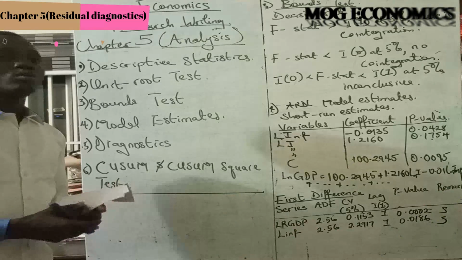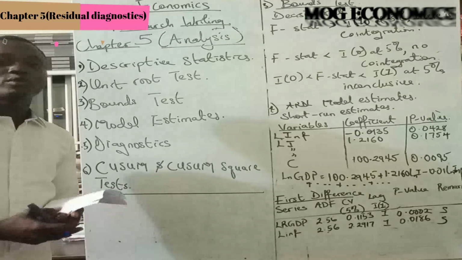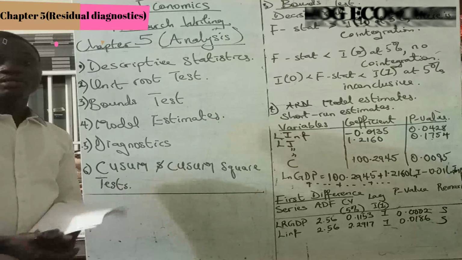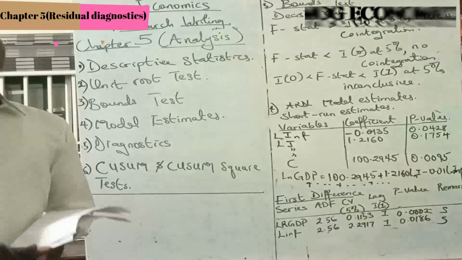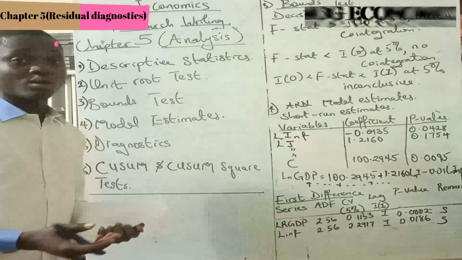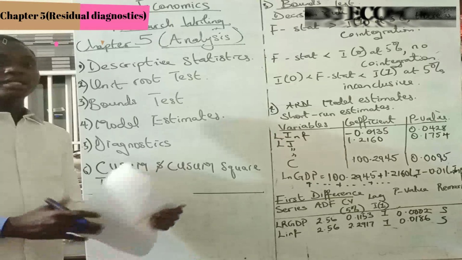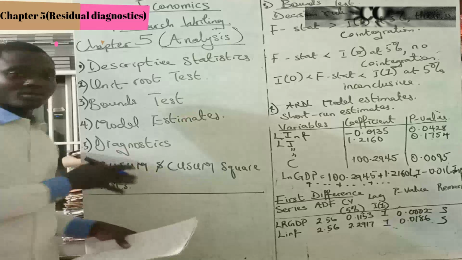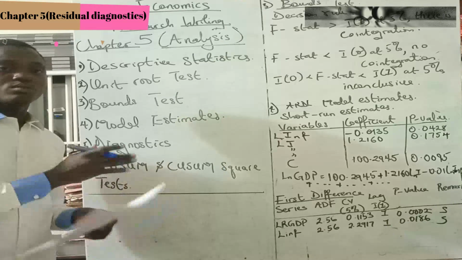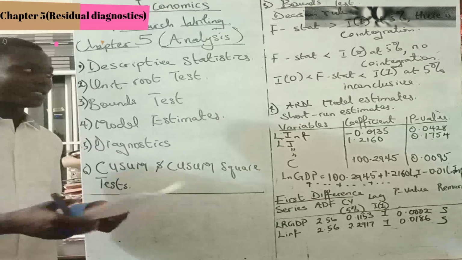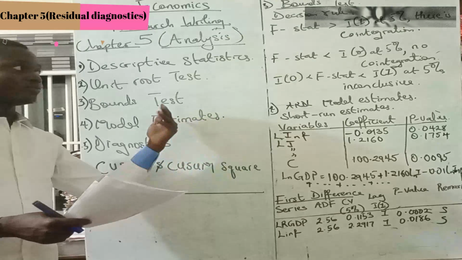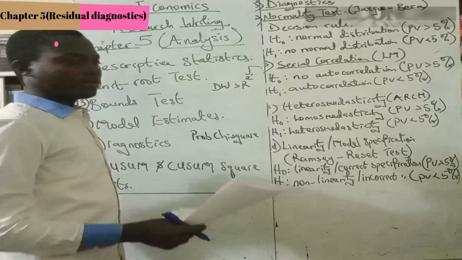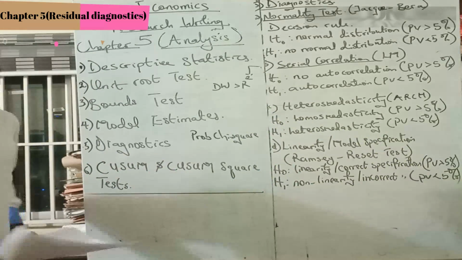Then there must be no multicollinearity of your independent variables, or of your regressors, and there must be no autocorrelation of your residuals, or of your error term. You would also have to carry out these diagnostics one by one. They are not so many, and they have their own respective decision rules. Let's take them one after the other. I hope we don't run out of time.